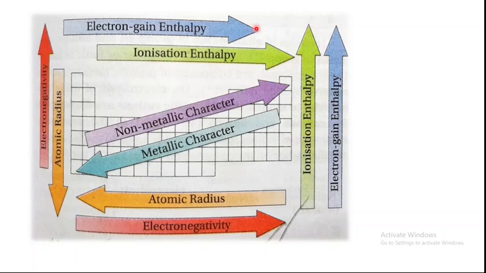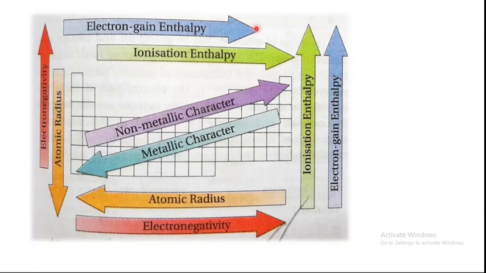The added electron, however, creates an unfavorable effect because of the electron-electron repulsion from the other electrons in the small size 2p subshell. On the other hand, in chlorine atom, the added electron goes to the large 3p subshell and experiences less electron-electron repulsion. Consequently, the numerical value of electron gain enthalpy of chlorine is greater than fluorine.